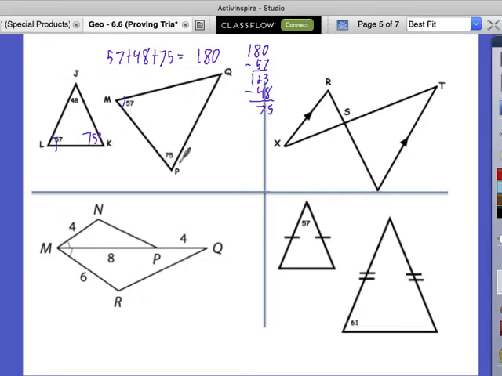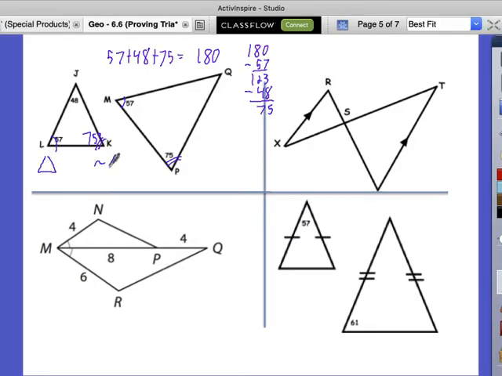So do we know angle K and angle P are congruent too? Yep. So is that enough to prove these triangles similar by one of the three things we just learned? Angle, angle. Okay, angle similarity is one of them. So we can do a similarity statement just like we did congruent statements before. Can somebody help me with a similarity statement?